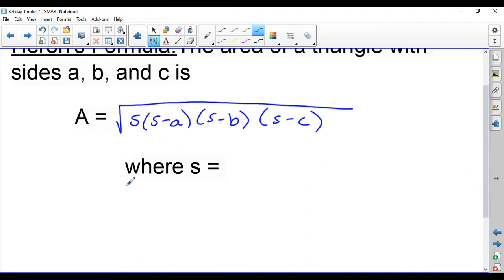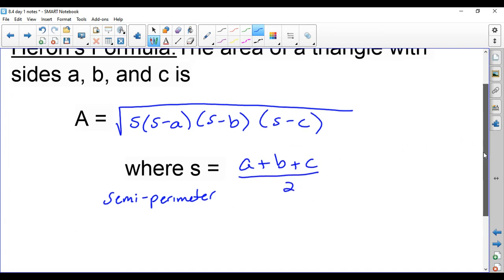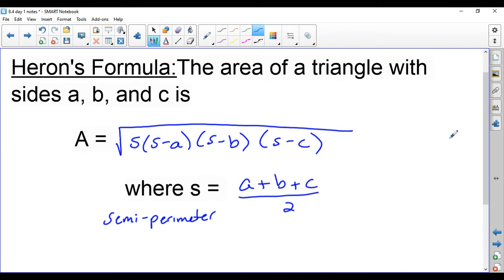S is semi-perimeter. So S is the perimeter, A plus B plus C, divided by 2, semi being half the perimeter. So if you're going to use Heron's formula, you have to know all three side lengths, A, B, and C. You take the perimeter and divide it by 2 to get S, and then you multiply this all out and take the square root.